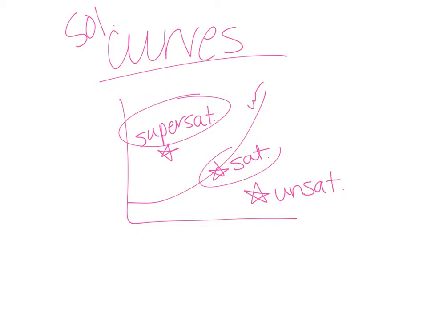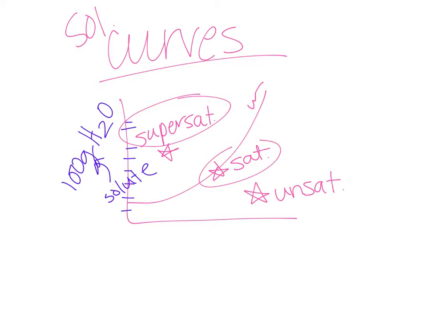The other useful thing you have to remember is that this is always 100 grams of water on your y-axis, and they want to know how much solute you can put into that. So you're always putting your solute into 100 grams of water.